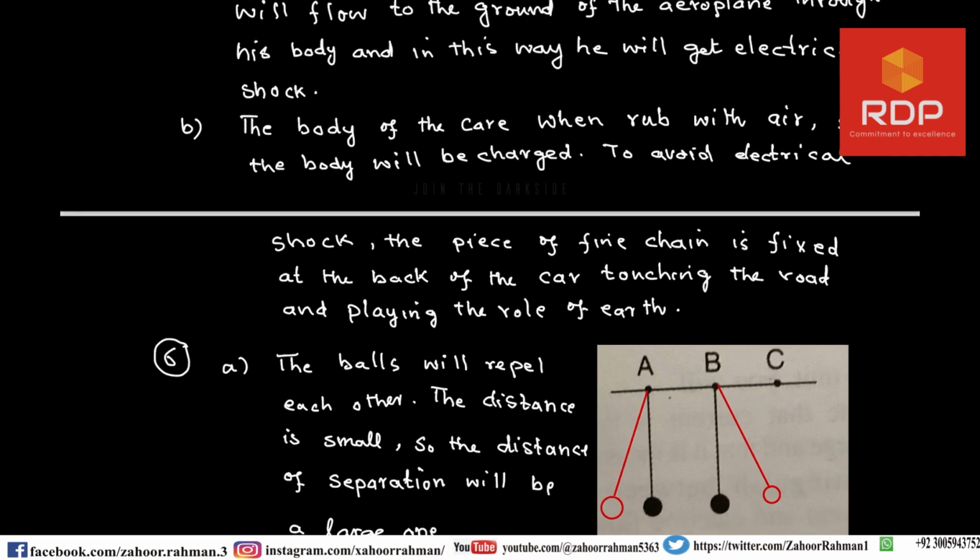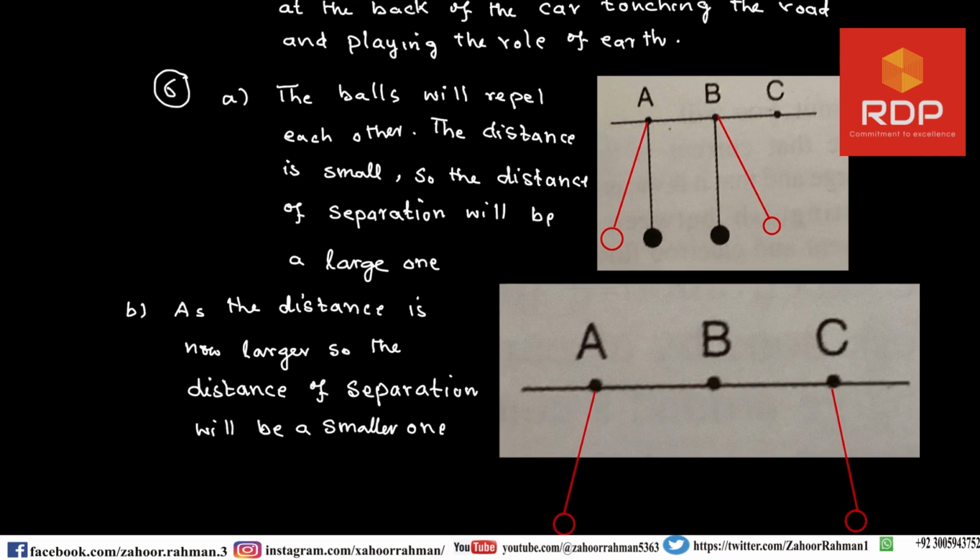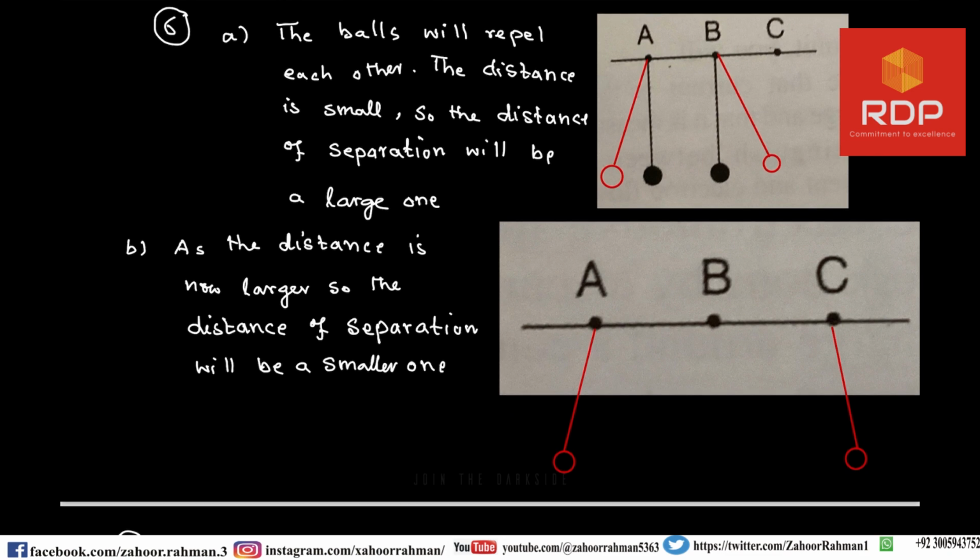So now let's turn our focus to question number 6. Question number 6 says two small light balls coated in metallic paint are suspended by long insulating threads from points A and B as shown in the figure.